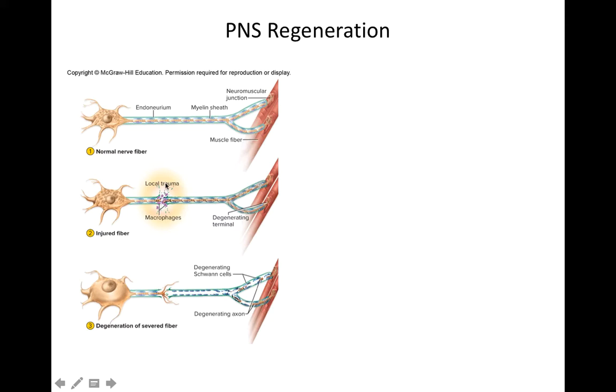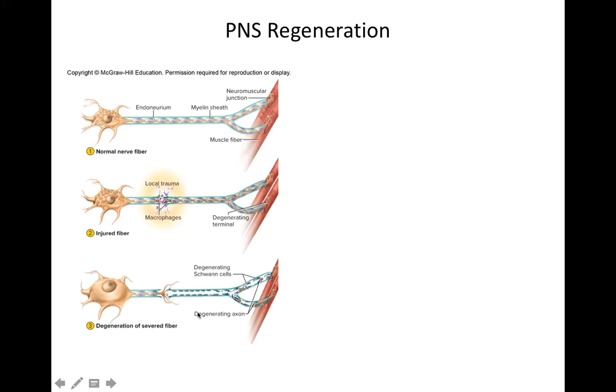Now, the neurolemma is going to have a nucleus. It's going to have protein synthesis machinery. It's going to have a whole bunch of stuff, and the Schwann cells can start secreting growth factors that stimulate the end of this axon to grow.